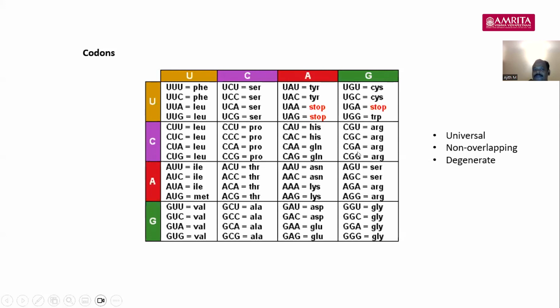So U, first position, U, second position, and you put U here, third position. So you have U, U, U. That's how this matrix has been filled. So see here, I told you there are 61 codons, 20 amino acids. There are synonyms.